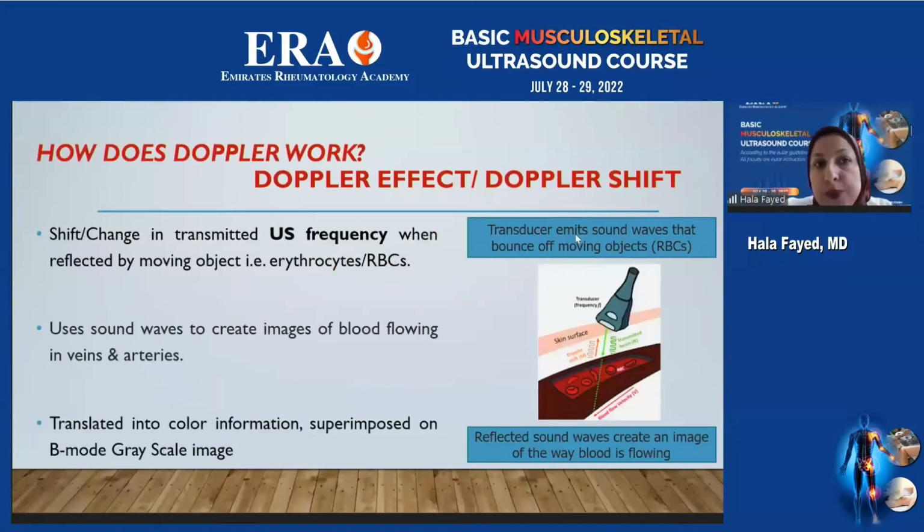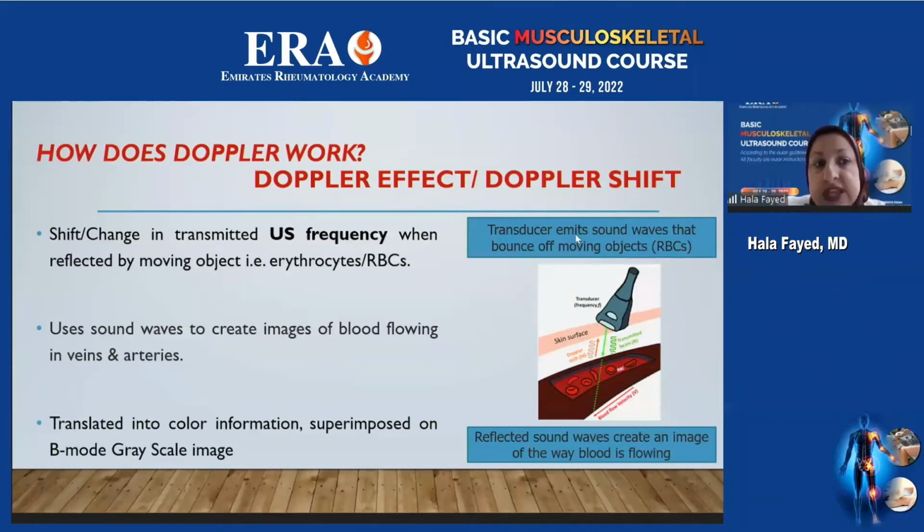So how does Doppler work? It actually works through what is called the Doppler effect or Doppler shift. And what is Doppler shift? This is the change or shift in the transmitted ultrasound frequency when reflected by a moving object, and in our case, it is the RBCs or erythrocytes.